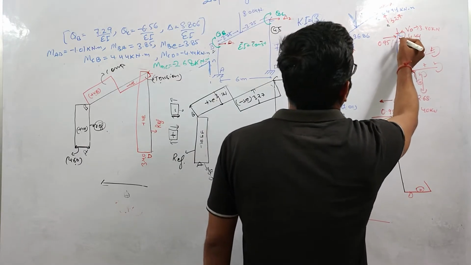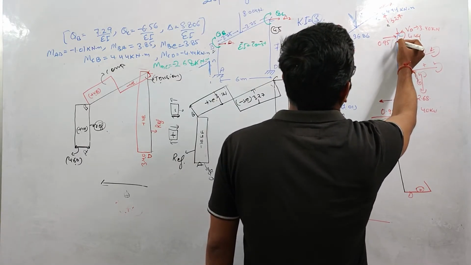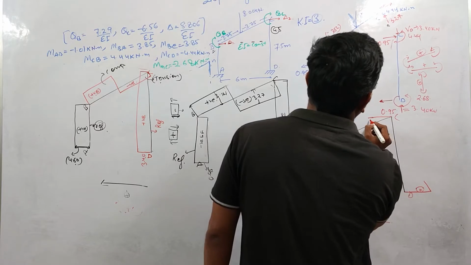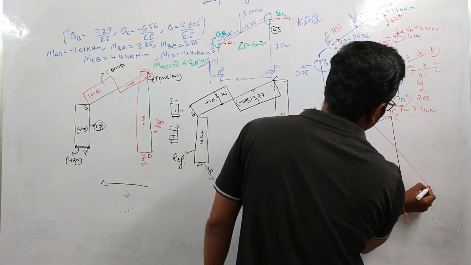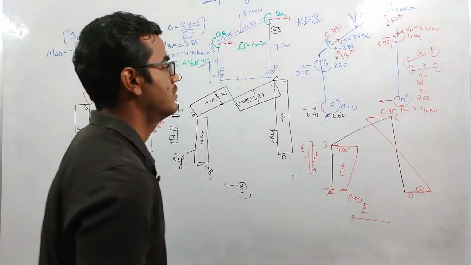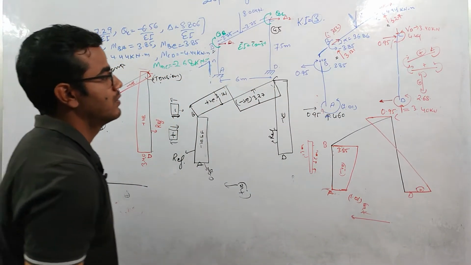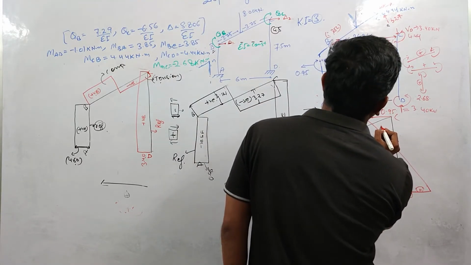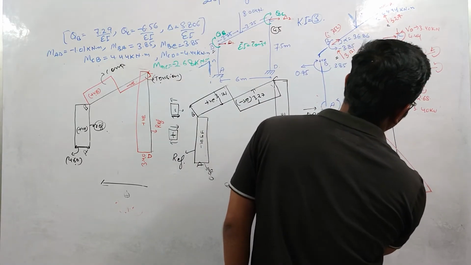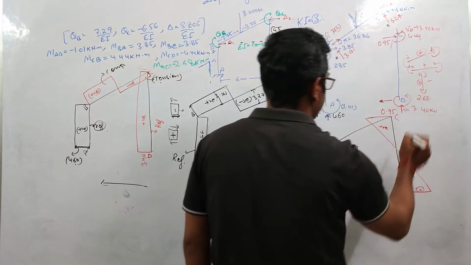This moment will cause compression on this side, so it will start from here. Okay, so at some point this value will get 0. So this is your positive bending moment. You can say this is negative as per this direction.